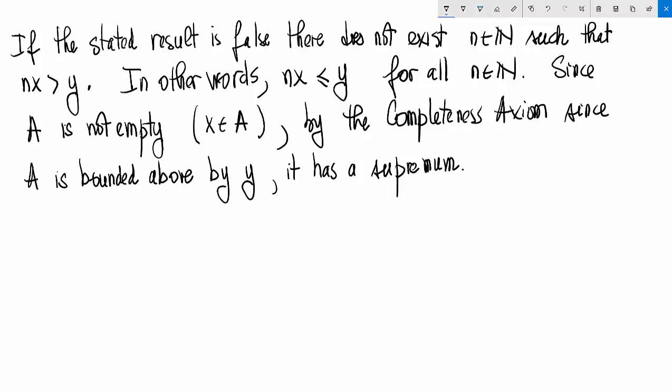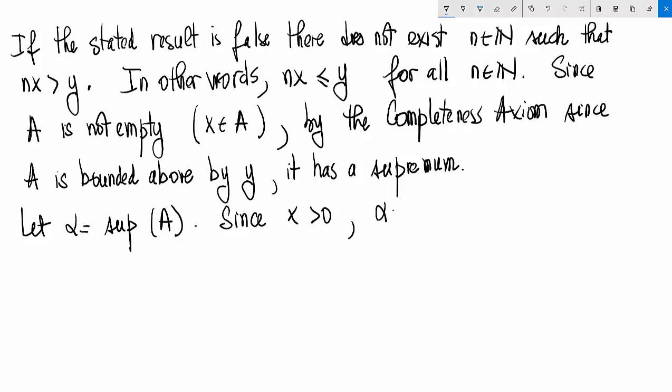Well, I will let alpha be the supremum of the set A. Since x is positive, you will agree that alpha minus x is less than alpha, right?